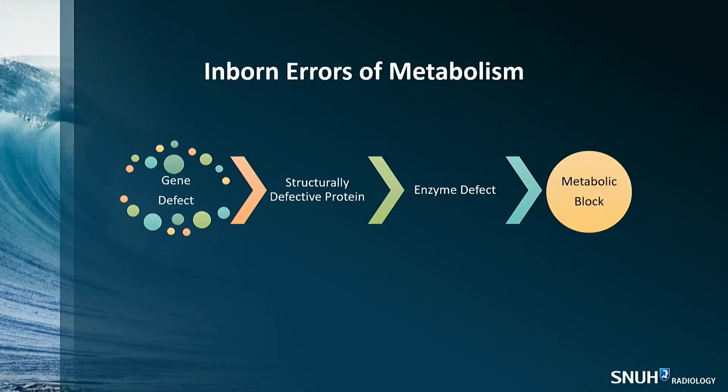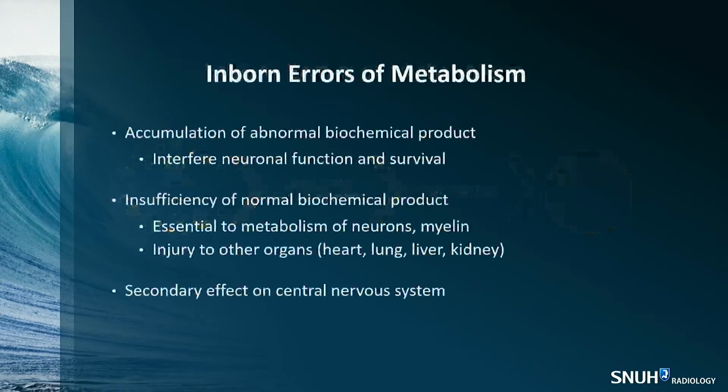Inborn errors of metabolism are a group of disorders due to functional defects in one or more metabolic pathways that can cause considerable morbidity and mortality if not diagnosed early. They involve complex pathophysiology, including the accumulation of abnormal biochemical products or insufficiency of normal biochemical product.